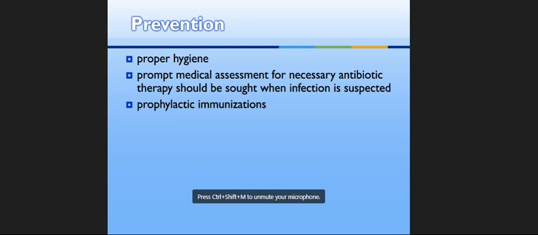Prompt medical assessment for necessary antibiotic therapy should be sought when infection is suspected. As an example, if we suspect urinary tract infection, we have to properly confirm its diagnosis, and properly treat that infection to let the patient be cured.